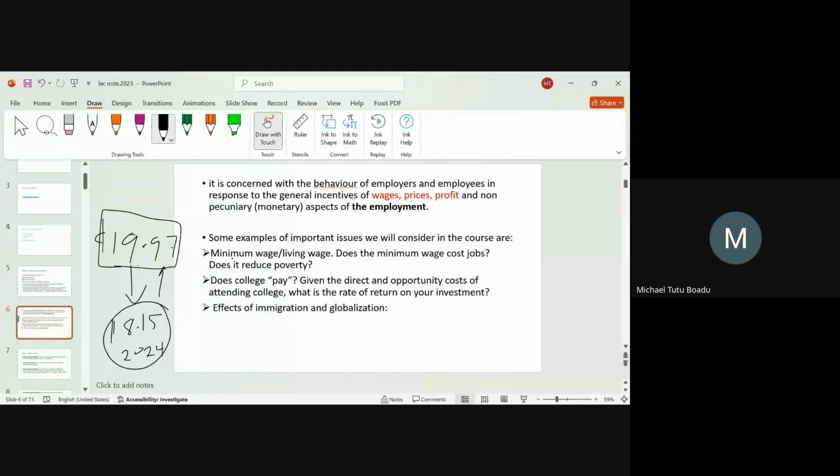But the relevant question here when it comes to minimum wage is: does the minimum wage cost jobs? Does an increase in the minimum wage affect the ability of firms to employ more?